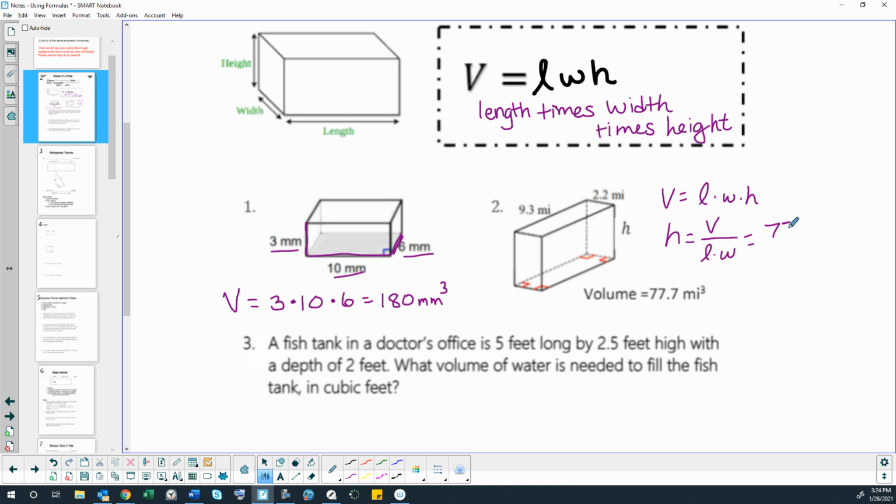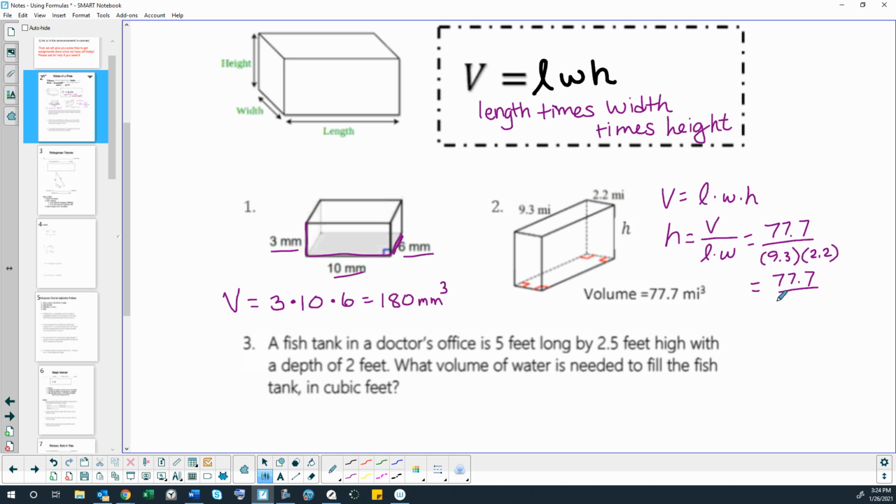Okay, so we're going to take our 77.7 and divide by the length, which is 9.3, and the width, which is 2.2. So I'm actually going to multiply those two numbers together, or if you want to do it all in your calculator at once, you can use parentheses around the two numbers that you're multiplying in the denominator. So 9.3 times 2.2.